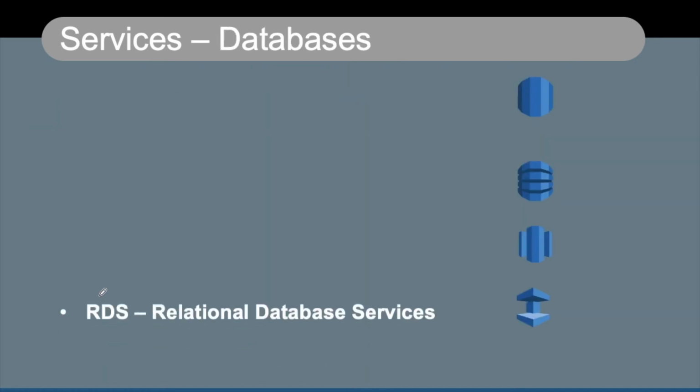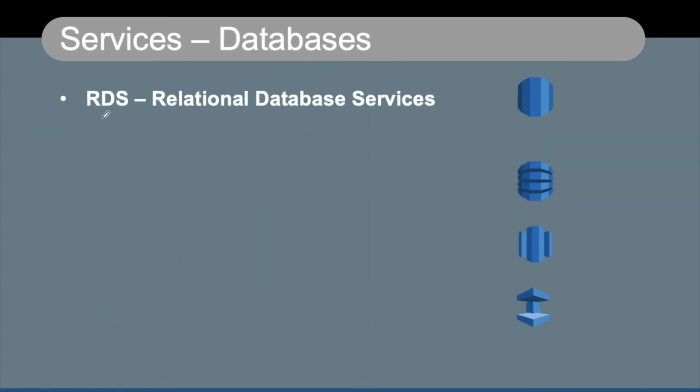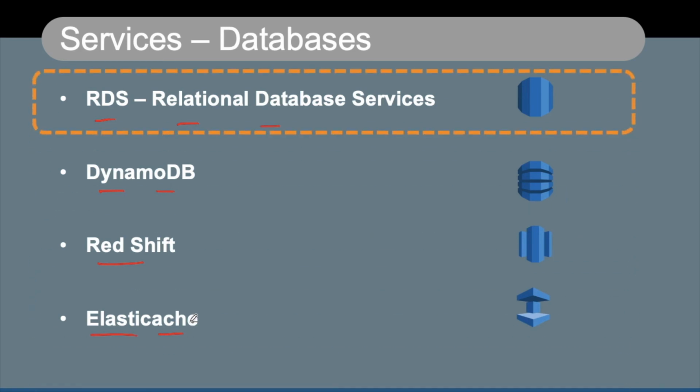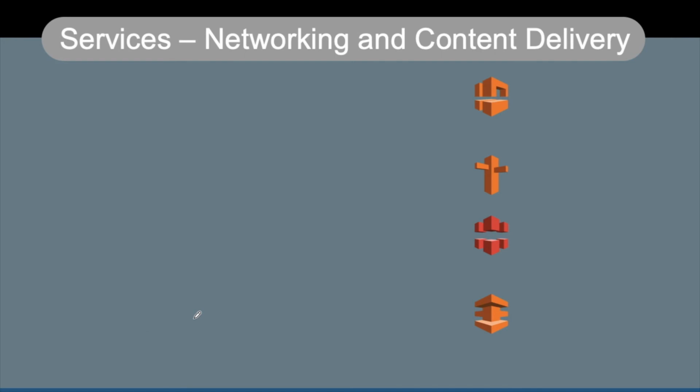In case of databases, we have RDS, which is Relational Database Service, DynamoDB, which is a non-relational database service, Redshift, which is a data warehouse, and ElastiCache, which is typically the caching service. In this, we are going to talk about RDS, Relational Database Service.